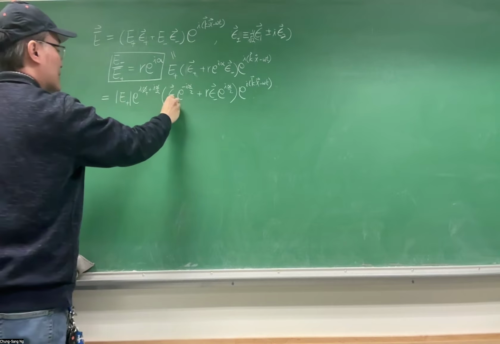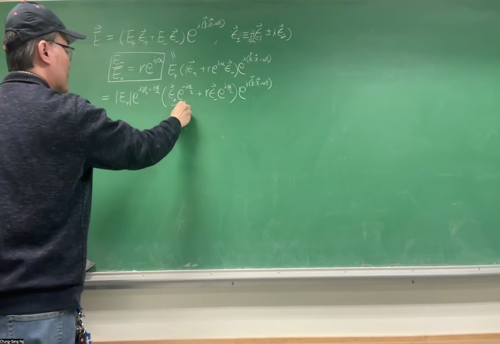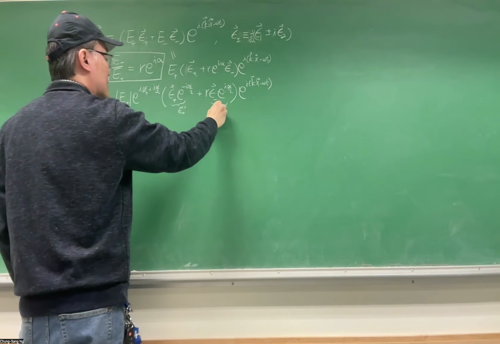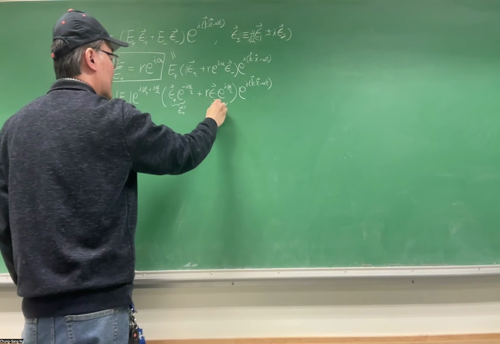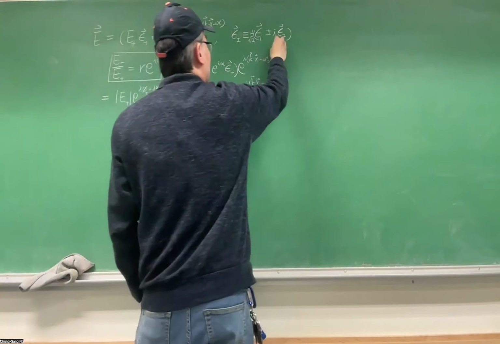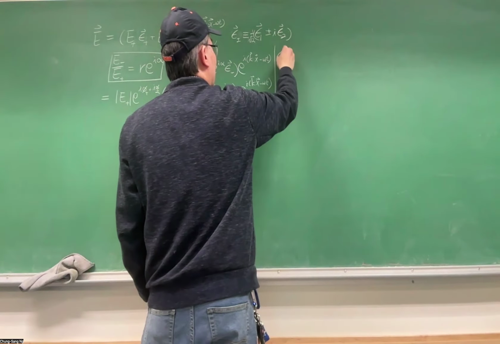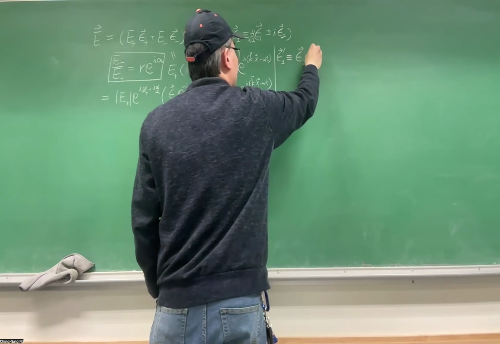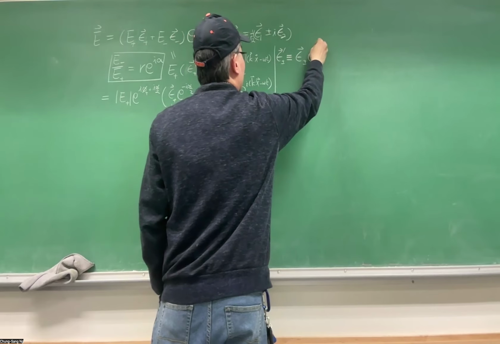But then last time we said that we can define this. So this is defined as epsilon plus I. And this one is defined as epsilon minus I. So basically we are defining epsilon plus or minus I as epsilon plus or minus times the phase.